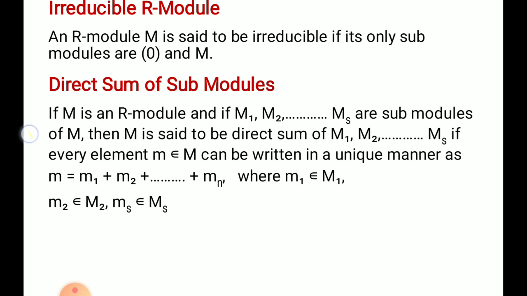Small m2 is an element of submodule capital M2, and continuing in this manner, small ms is an element of submodule capital Ms. Okay, are we getting what a direct sum of submodules is? It means you have considered capital M as a given R module, and suppose its submodules are capital M1, M2, ..., Ms. If any element of module M can be written as a sum of elements of the submodules, in this case we say that the module M is a direct sum of M1, M2, ..., Ms.